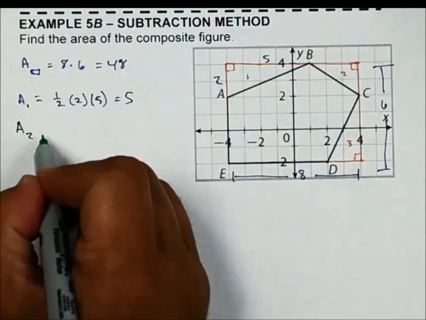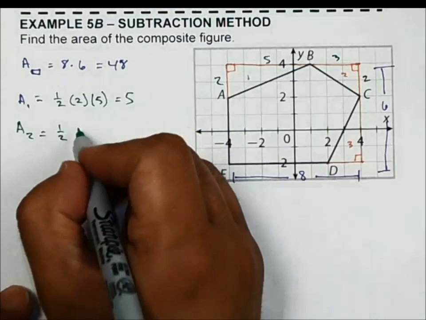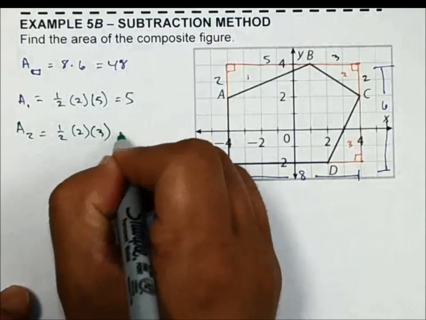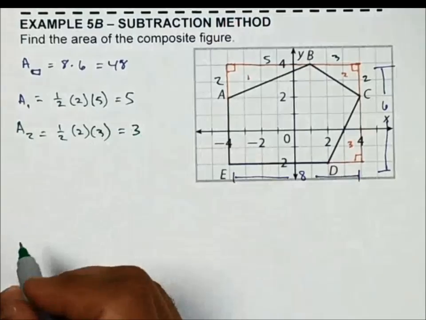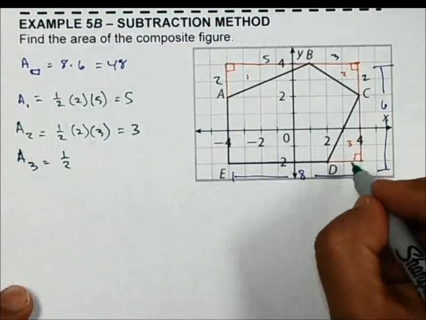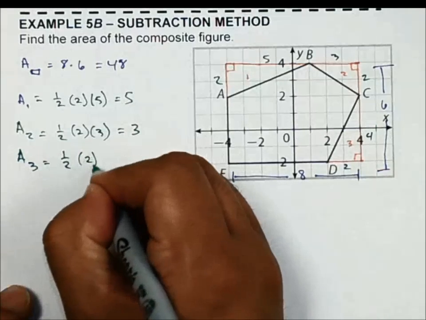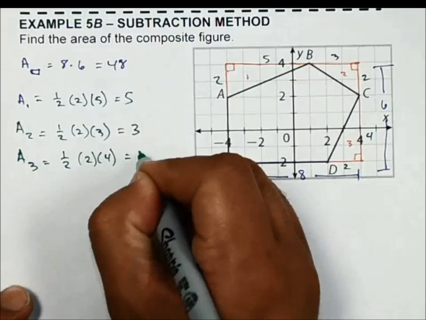The area of triangle 2 is 1/2, so this is 2 and this is 3. So 1/2 of 2 times 3 comes out to be 3. And then the area of triangle 3 is 1/2 of, this is 2, and this is 1, 2, 3, 4. 1/2 of 2 times 4, which is 4.